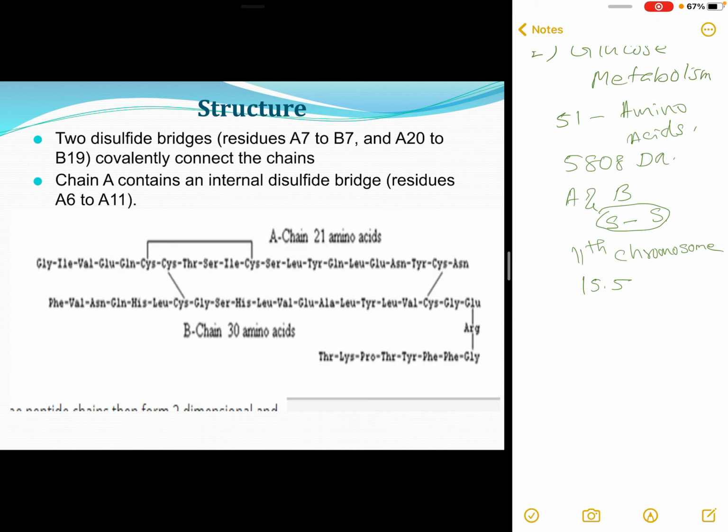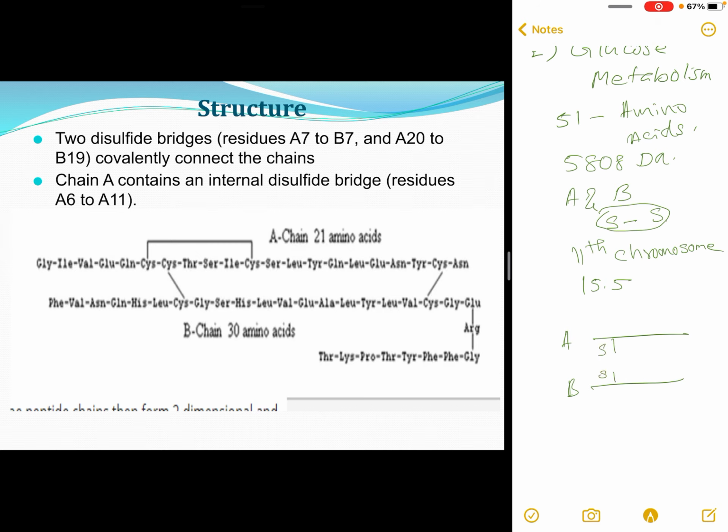As we can see in this figure, two of the disulfide bonds are between the A chain and B chain. Say this is the A chain and this is the B chain.